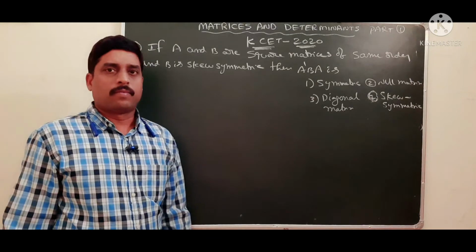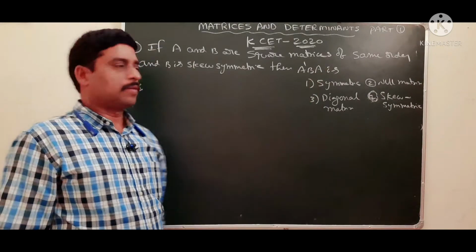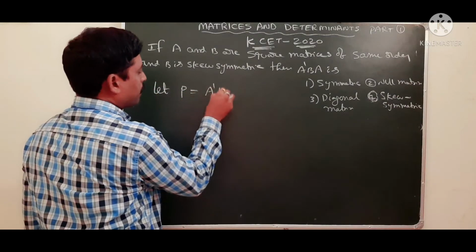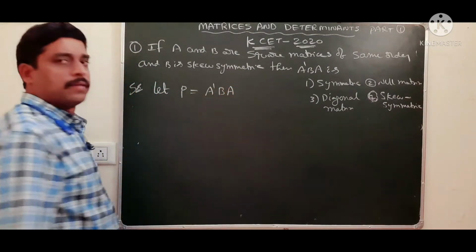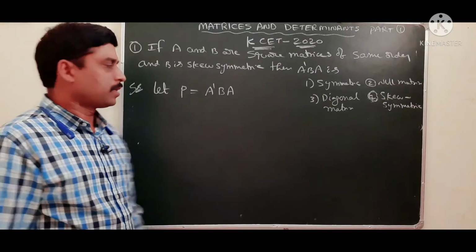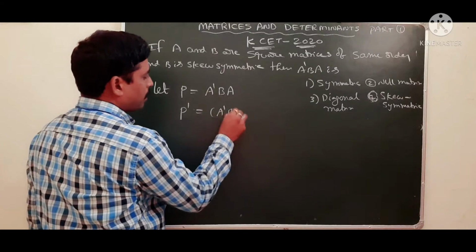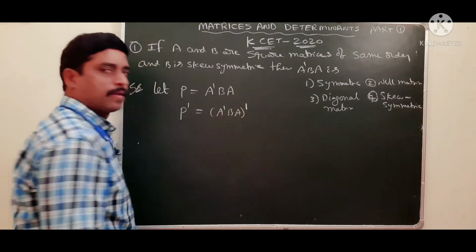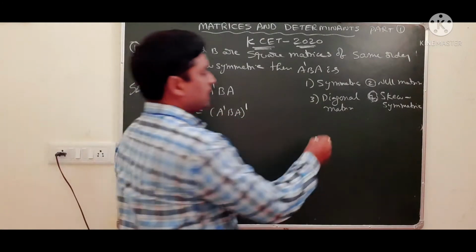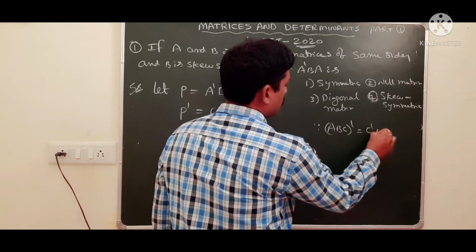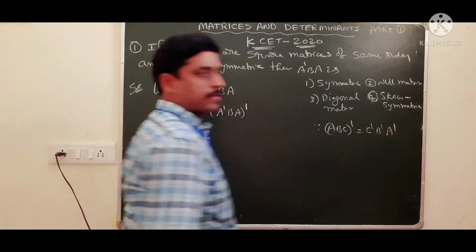Now let us take A dash BA equal to P. So P is equal to A dash BA. Taking transpose on both sides, P dash is equal to A dash BA whole dash. We have ABC whole dash is equal to C dash into B dash into A dash.